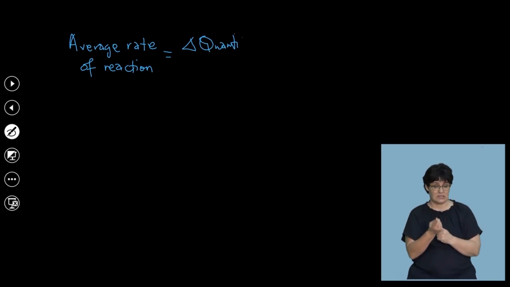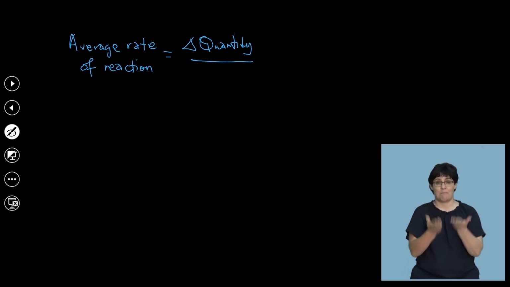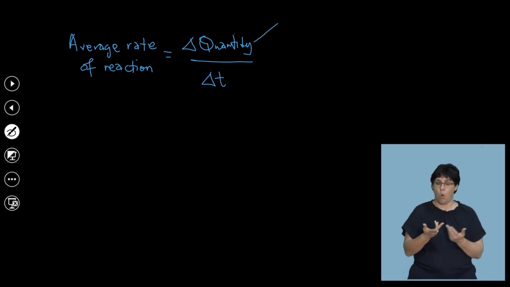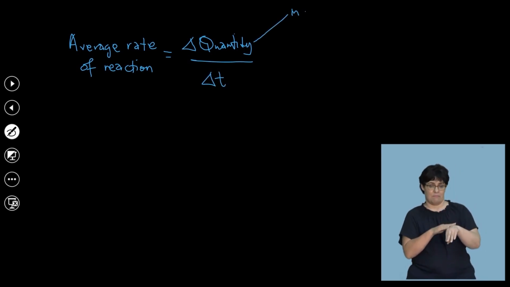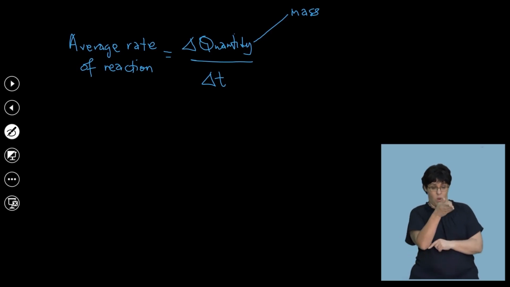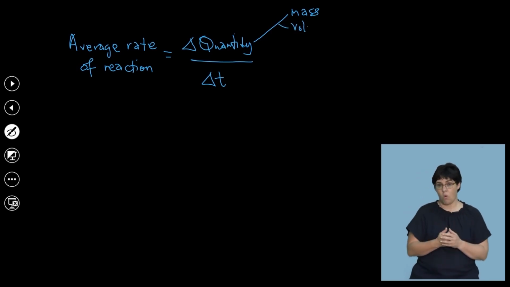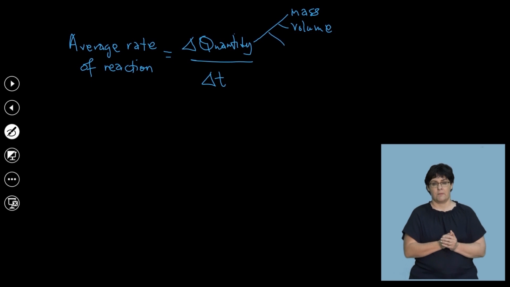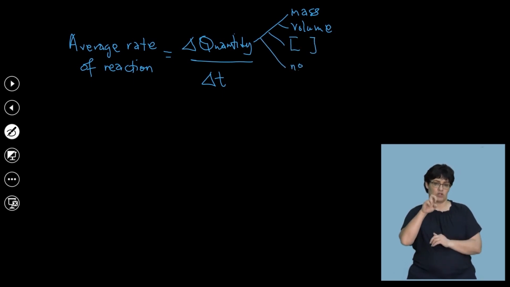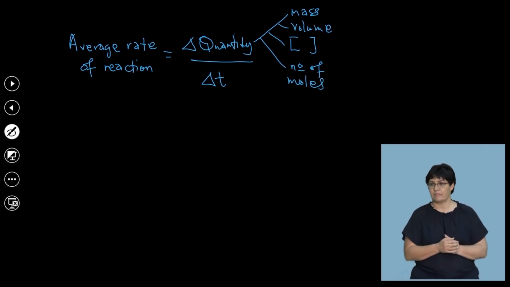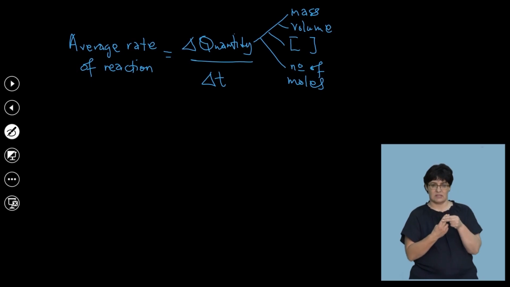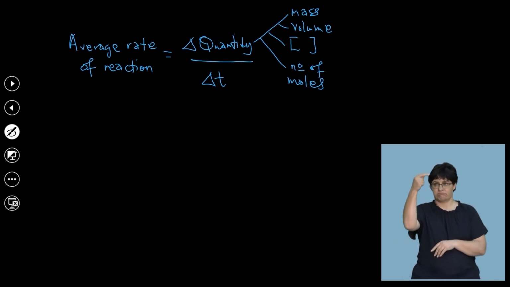In this case, the quantity is the mass. So quantity can be mass, as is the case here. It could be volume, it could be concentration, it could be number of moles. So just be aware, the units will definitely vary based on whichever quantity we are focusing our attention on.